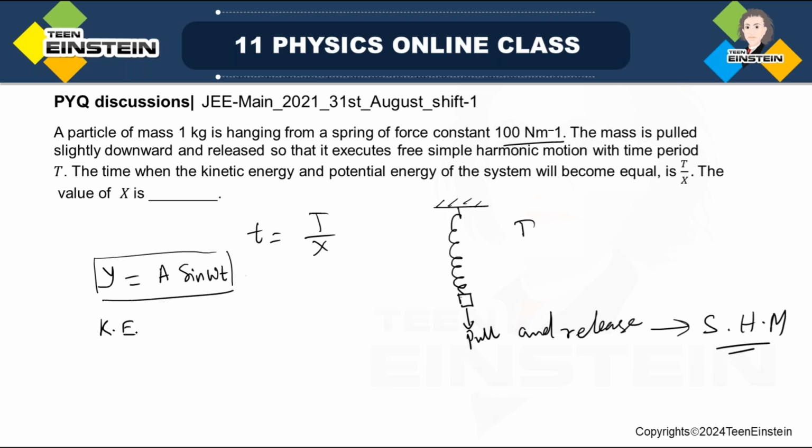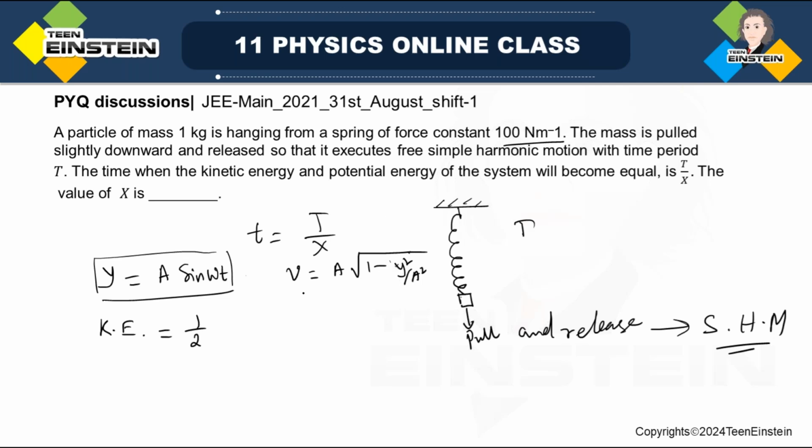The kinetic energy will be half mv square. What is v? In simple harmonic motion, v is omega times the square root of a square minus y square, that is, a into 1 minus y square by a square. I just put that.